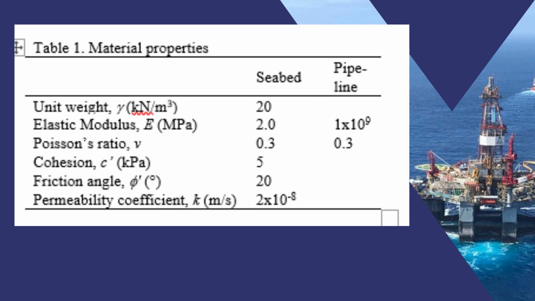The material properties for the seabed are given in the paper, and also for the pipeline. Very high stiffness is used for the pipeline to avoid any deformations, and the pipeline is modeled using elastic material properties.